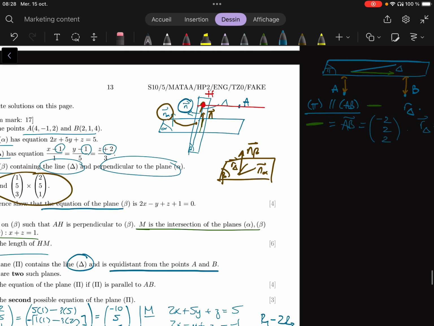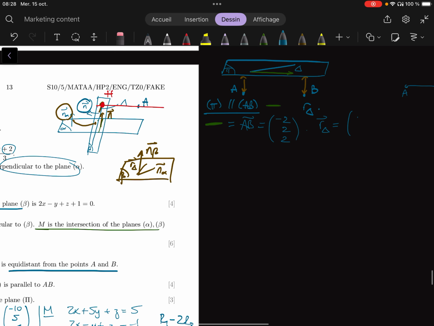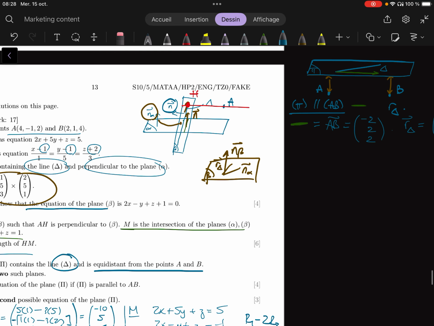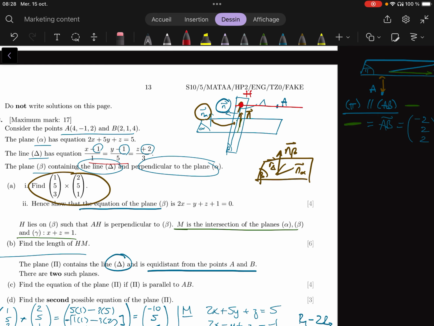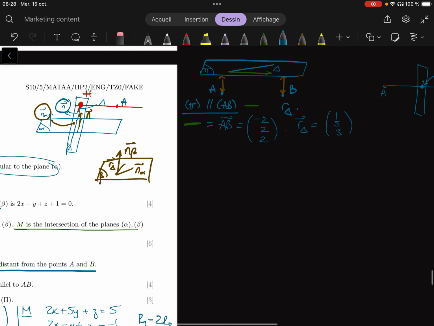We already found that r delta, the direction of delta, is (1, 5, 3). So AB cross r delta will give us, go for the first row, 2 times 3 minus 2 times 5.